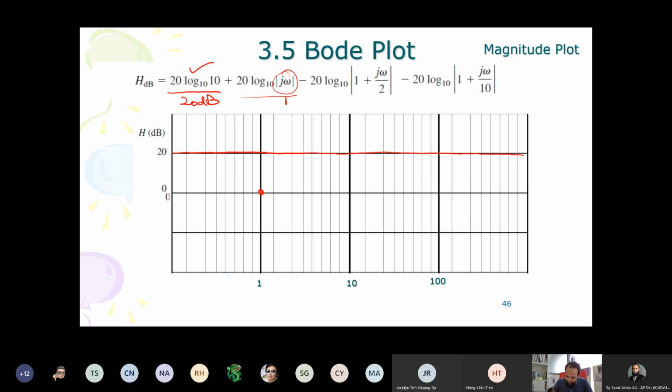So it is supposed to be like this. So this is 10 and probably this is 0.1. Is that clear? I repeat, for a 0 or a pole at origin, we'll center it at 1 because at 1 the magnitude is 0. And basically we can go 20 dB upwards, 20 dB downwards across 1 decade. This is 1 decade and this is 1 decade downwards.